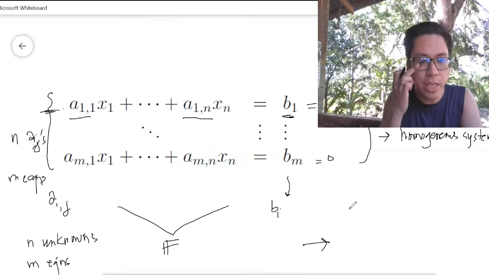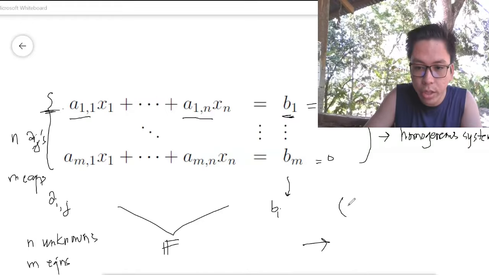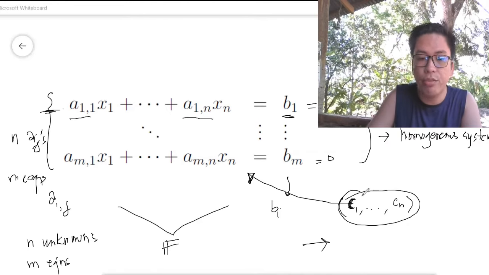That's it. So if you are able to find an n-tuple, let's label that as C, so C1 up until Cn, which satisfies this system of equations, then we can say that this is a solution.